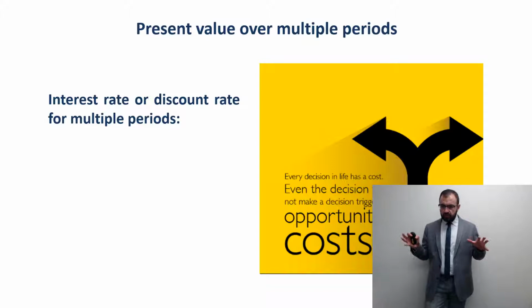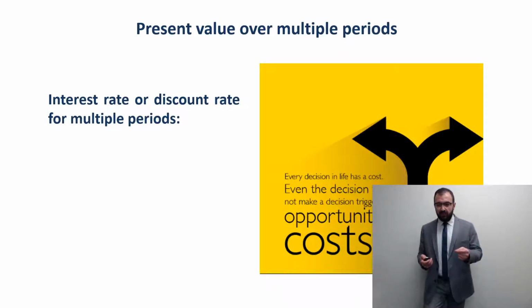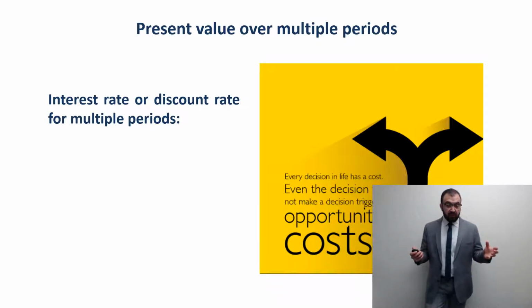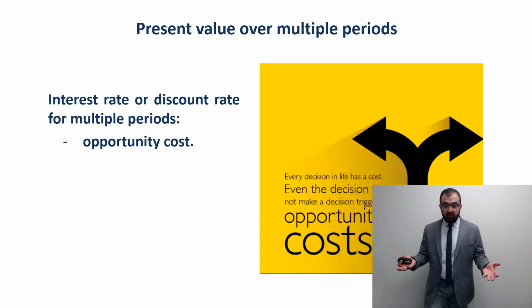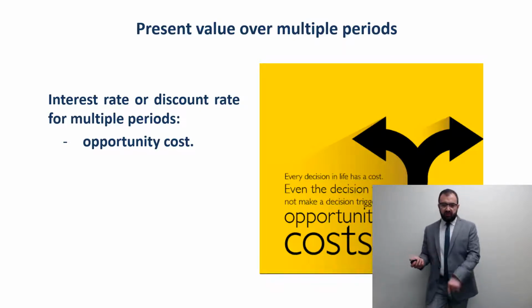Remember the logic behind the investments. Every time you make me wait, I'm going to charge you extra. How much am I going to charge? That's a good question. Well, I'm going to charge by opportunity cost. This is going to be my underlying interest rate or discount rate.